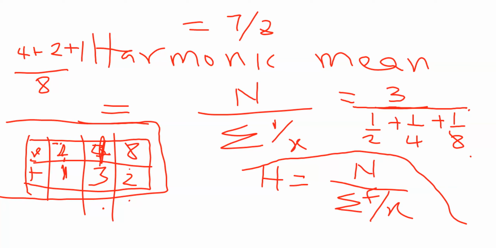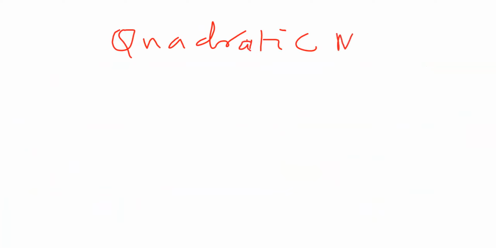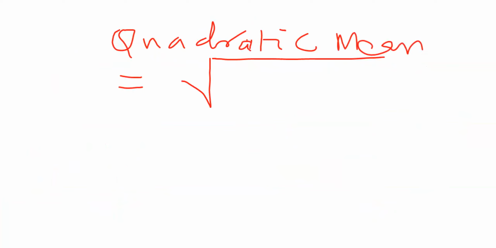We can also use the same numbers, it doesn't matter. Let's use the same thing. So the quadratic mean is equal to the square root, because it's quadratic, it must be a square root, of the summation of x squared all over n.